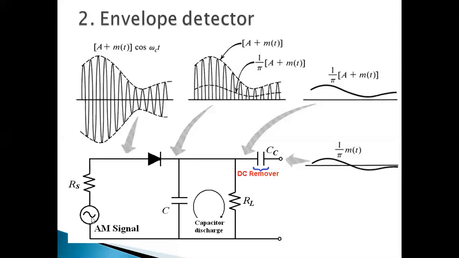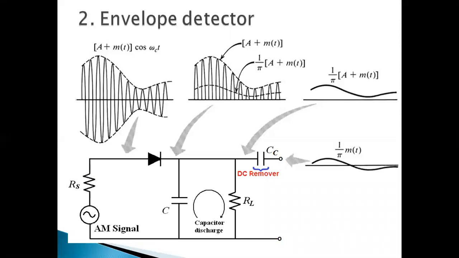So for the positive half cycle of this AM signal, the diode conducts so that the current flows through this resistance, whereas in the negative half cycle, the diode does not conduct. That is reverse bias, so no current flows through this resistance.